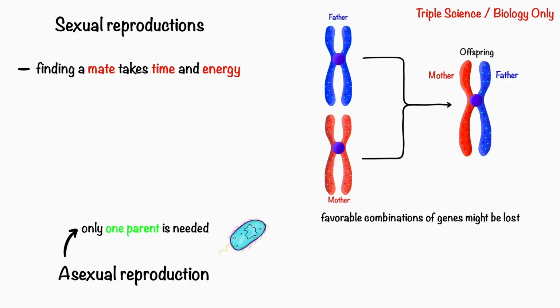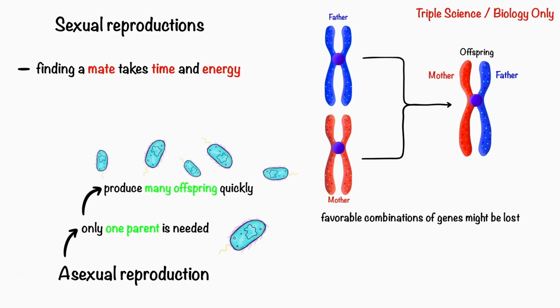Asexual reproduction offers different advantages. Since only one parent is needed, organisms can reproduce without finding a mate, saving considerable energy. This method is typically faster than sexual reproduction, allowing organisms to produce many offspring quickly when conditions are favorable.